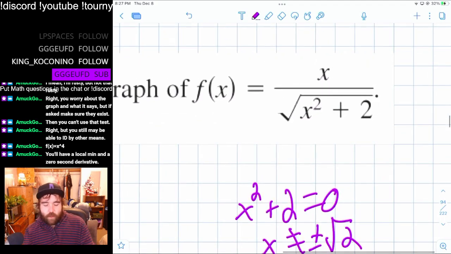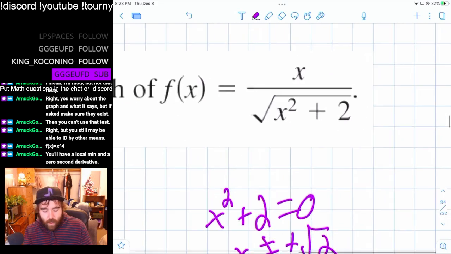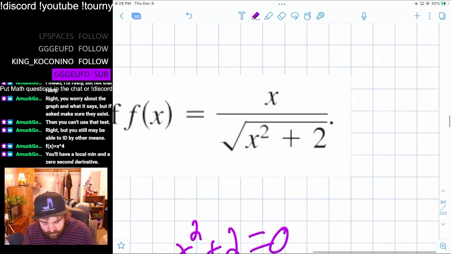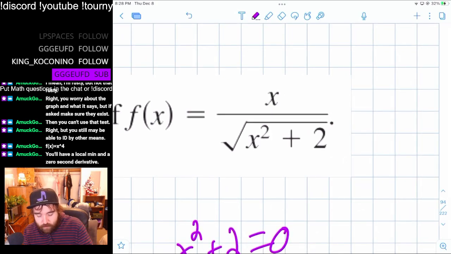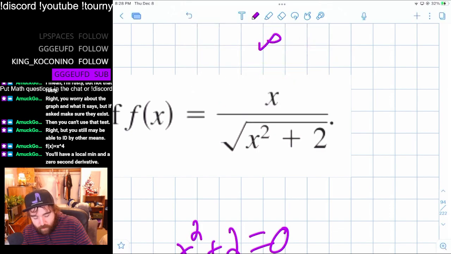Horizontal asymptotes, when x is infinity, that's like what we did last time. When you plug in infinity, you get infinity over the square root of infinity squared, which is just 1. Ah, but this has the different sides, doesn't it? This has 2 horizontal asymptotes. When you plug in positive infinity, you get infinity over the square root of infinity squared, so that just cancels out to be positive 1.